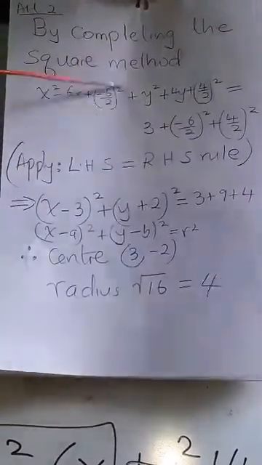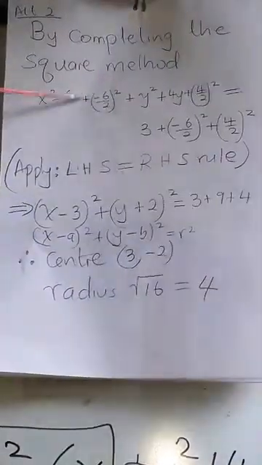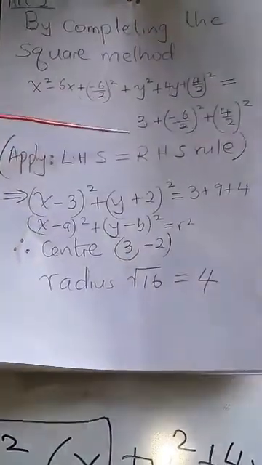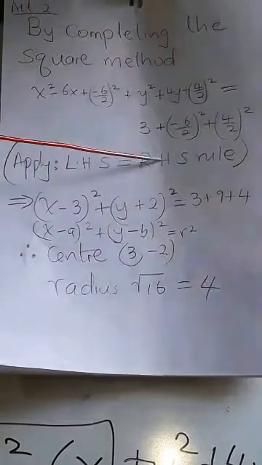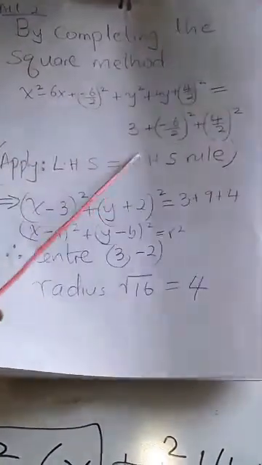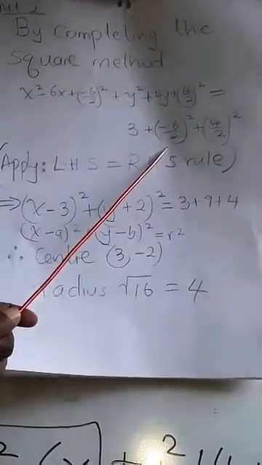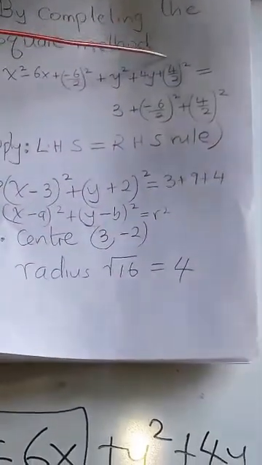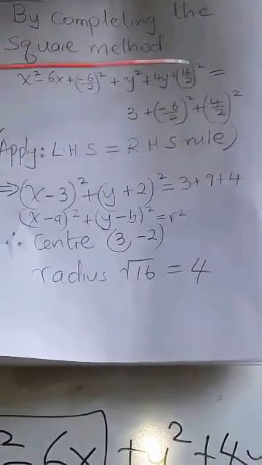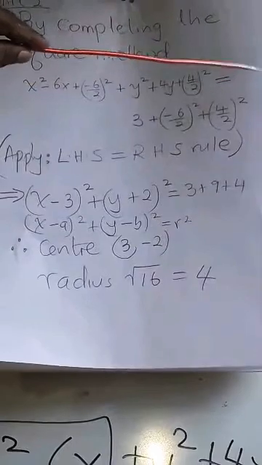Now, this part was not part of the equation. So what I have done on the left-hand side, I must also do on the right-hand side. So if I have added (negative 6 over 2) squared, I must also add it on the right-hand side. If I have added (4 over 2) squared on this side, which was not there, then I must also add it on the other side.